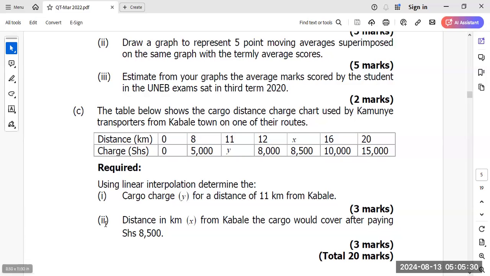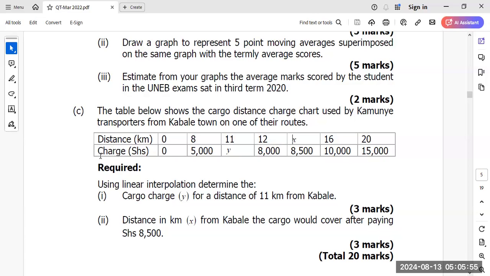Then part 2, they are telling us to determine the distance in kilometers from Kawale the cargo would cover after paying shillings 850. So at this charge, how many kilometers will this cargo cover?